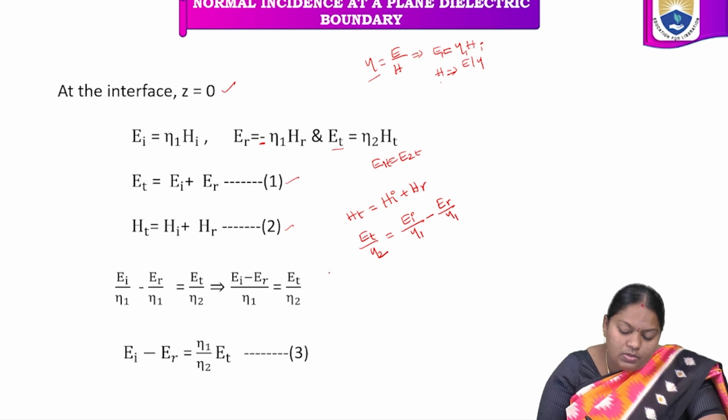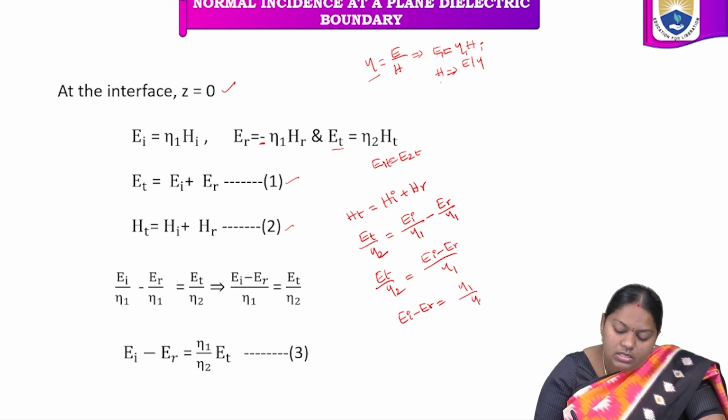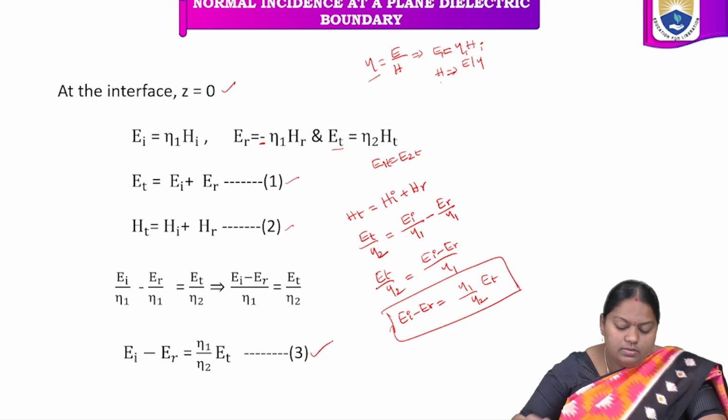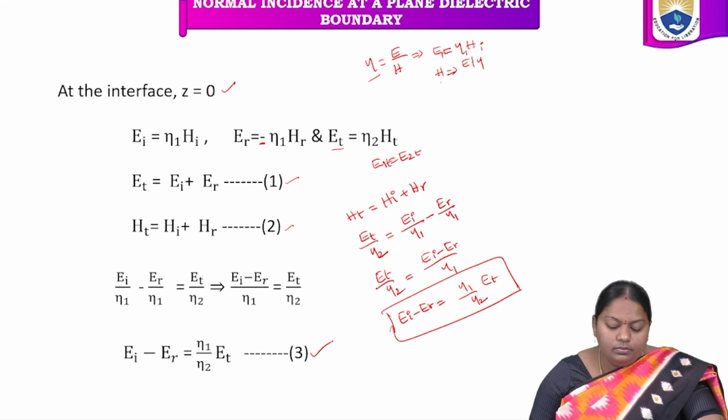Now, from this, ET by eta 2 equal to EI minus ER by eta 1. Now from this, EI minus ER equal to eta 1 by eta 2 into ET. Right? So this is another equation which is represented with equation number 3.